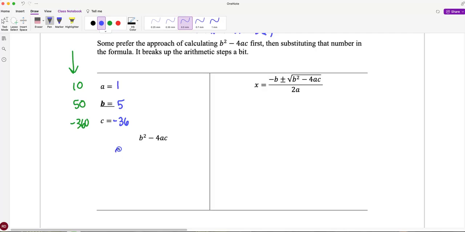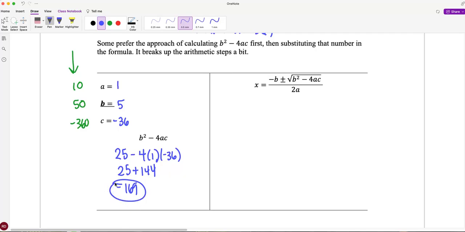So b squared is going to be what? 25 minus 4 times 1 times negative 36. This is going to be 25 plus 144, which is 169.